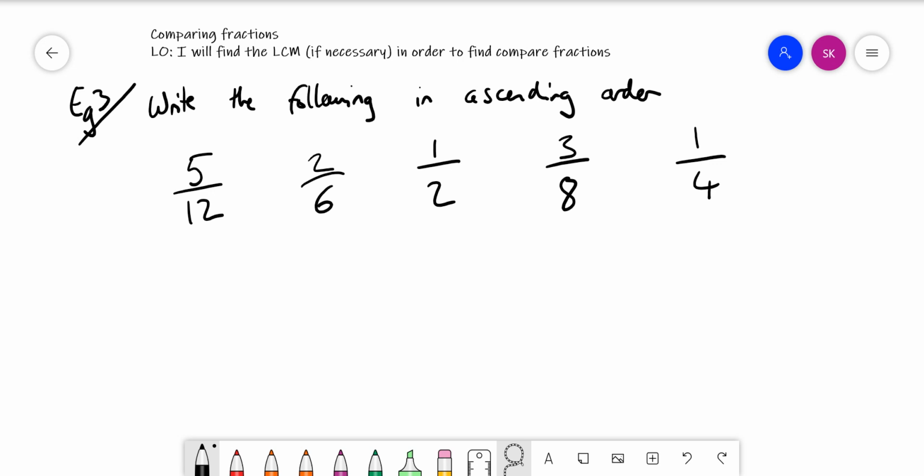So we probably know that the half is going to be the biggest fraction if we're writing them in ascending order, smallest to biggest. But what about the other 4 fractions? This one, this one, this one, and this one. How can we compare these and put them in order? So I want you to pause the video and have a go at this now. Press play when you're ready for me to go through it.